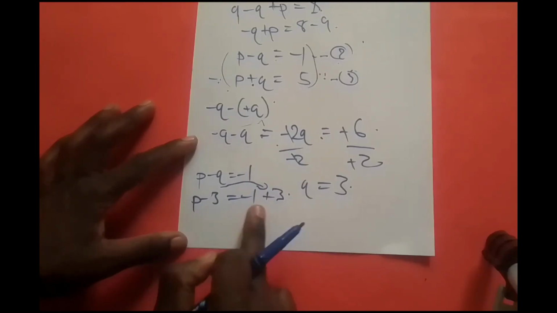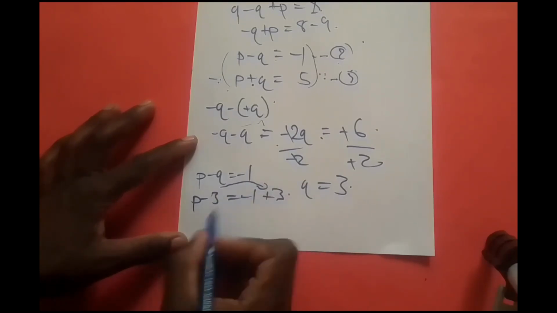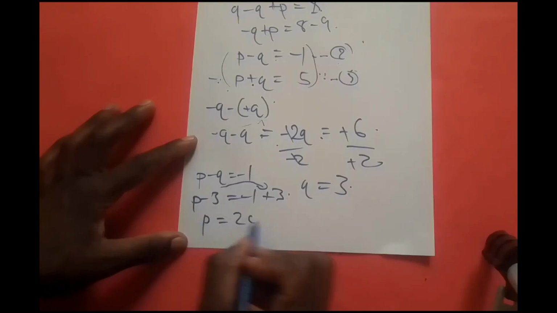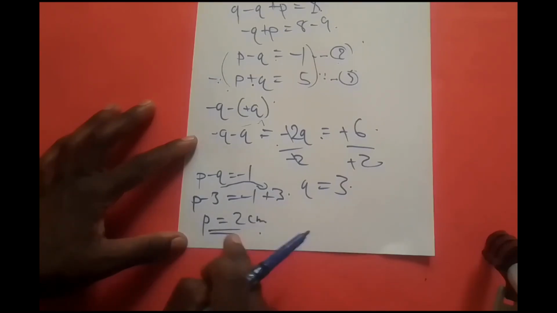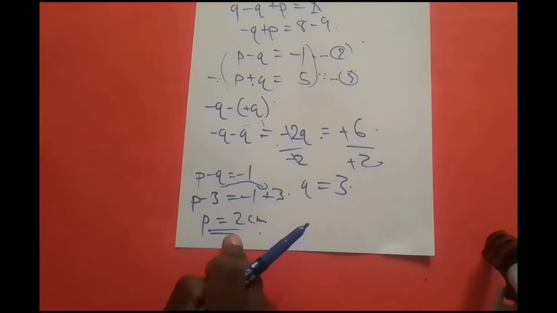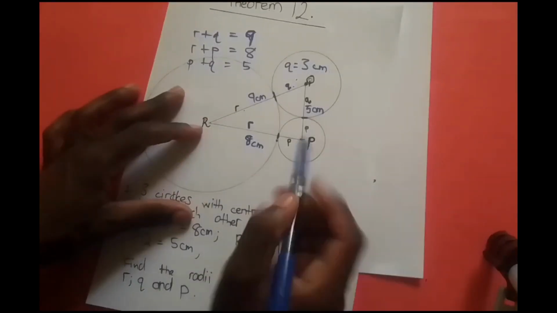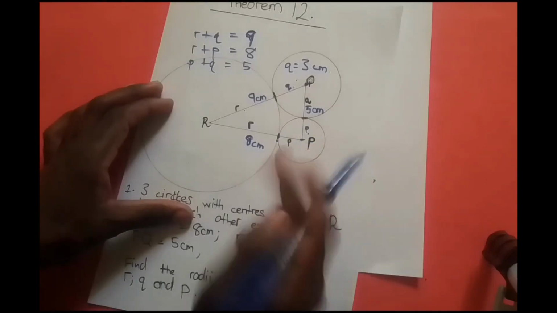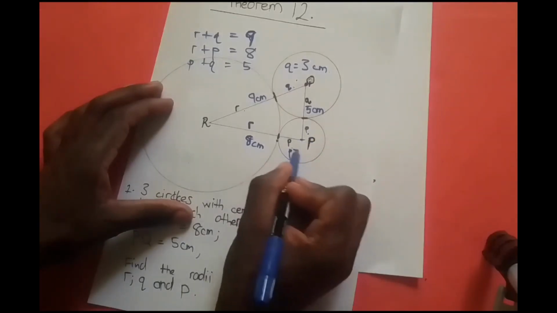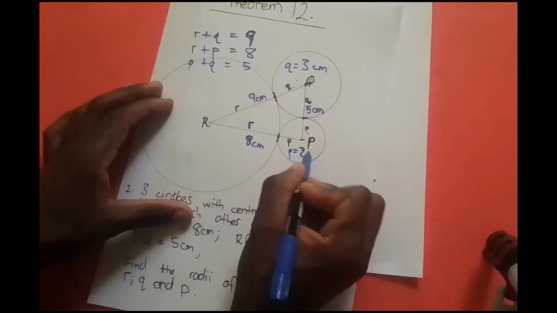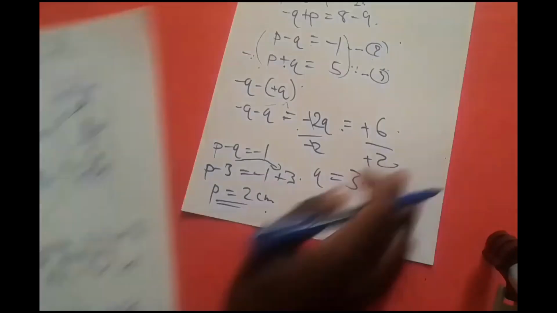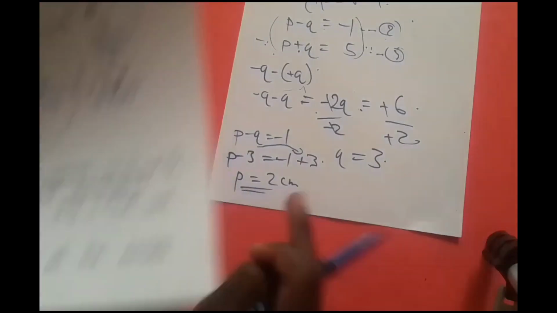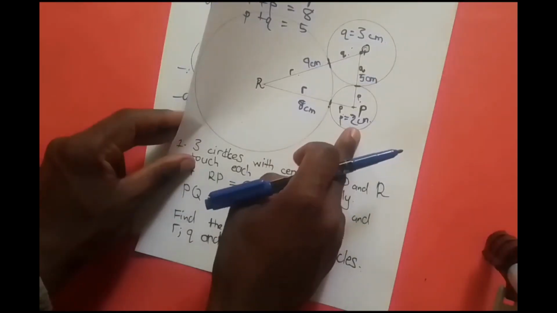Therefore, negative 1 plus 3 is equal to 2. So p is equal to 2 centimeters. Going back to the diagram, this is p, and the radius of this circle is 2 centimeters.